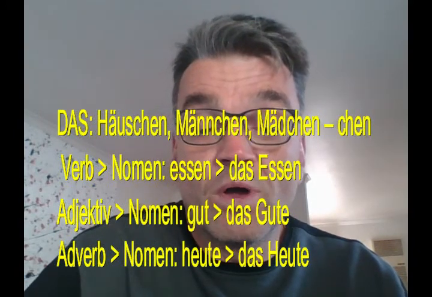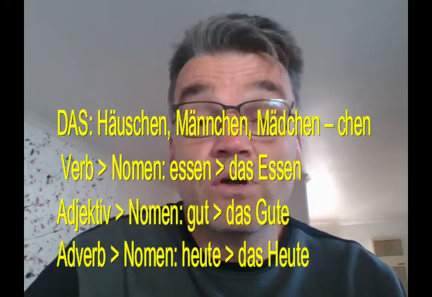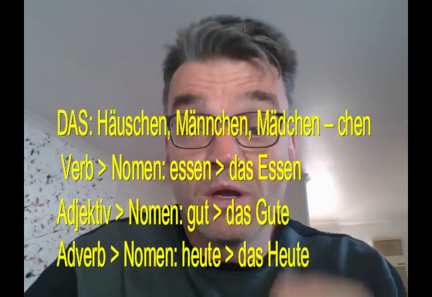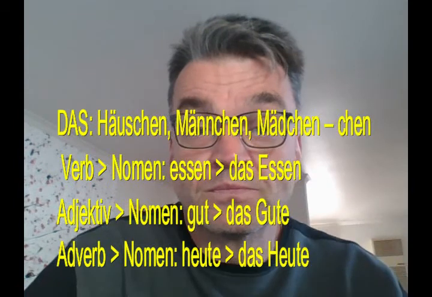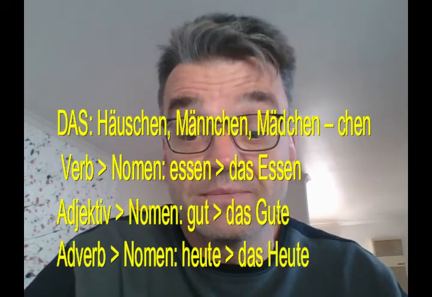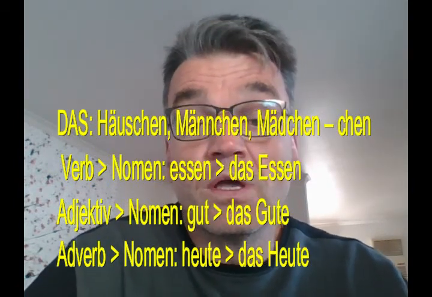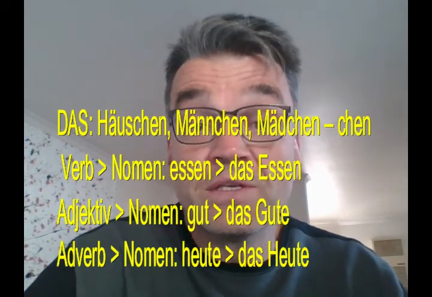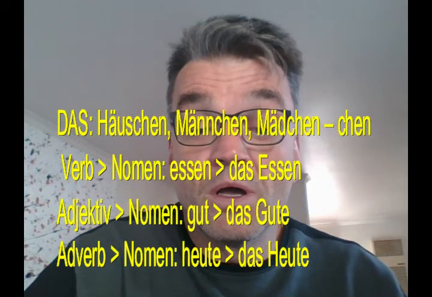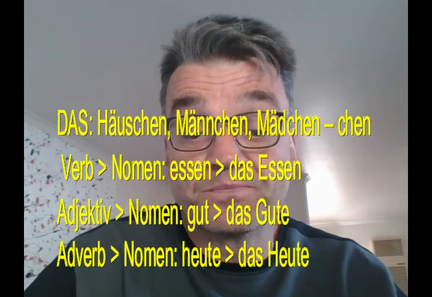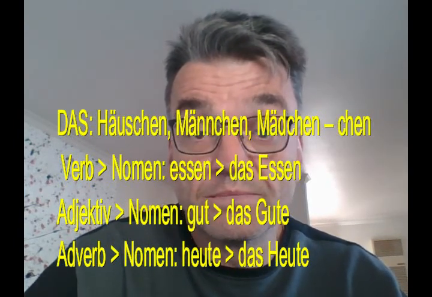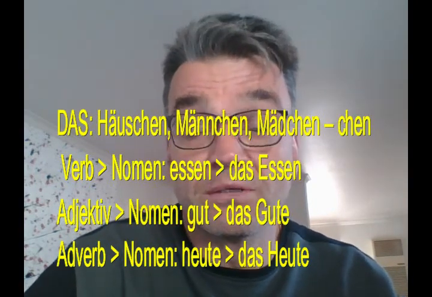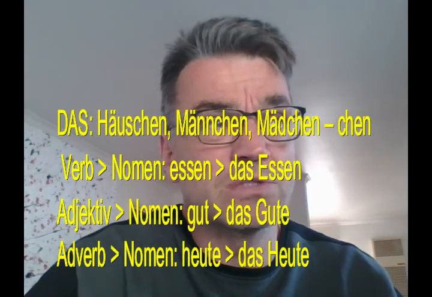And another good thing is that verbs turned into nouns are always neuter. So I'm eating, essen, turns into das Essen. Or an adjective, gut, will be turned into das Gute. Another one is heute, the today, the life of today, das Heute. Although, when do I use das Heute?